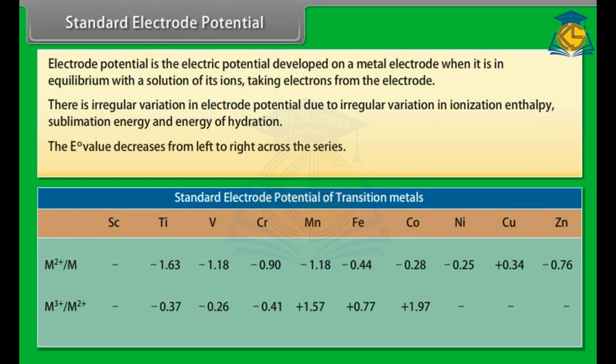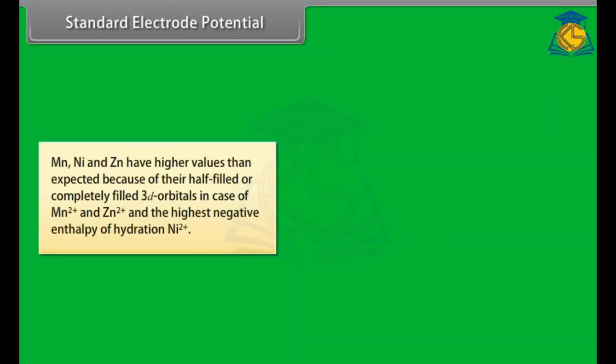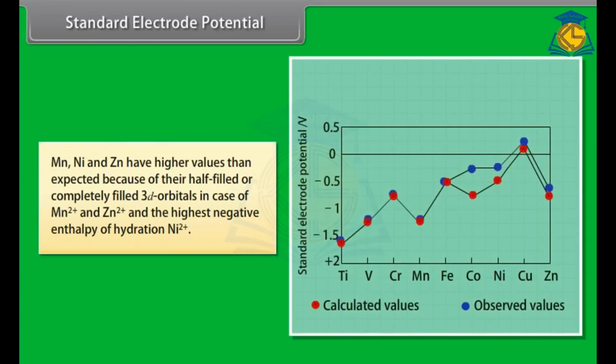The E0 value decreases from left to right across the series. Manganese, nickel, and zinc have higher values than expected because of their half-filled or completely filled 3d orbitals in the case of Mn2+ and Zn2+, and the highest negative enthalpy of hydration of Ni2+.